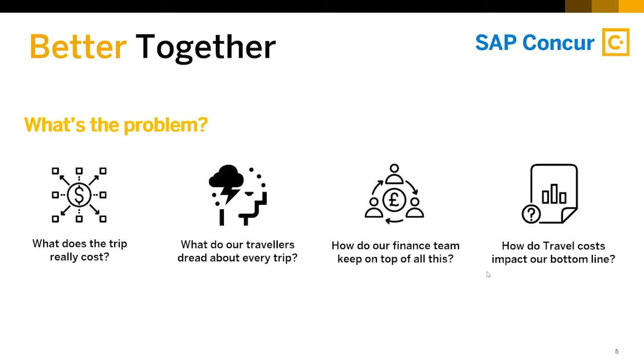Good morning, everybody. So first of all, we start off by really looking at what the problem is. So we identify that how much does the trip cost, and do you have visibility of that, the cost of that trip? The second area we'll look at is that what do travellers dread about every trip? Is it availability of content for where they're travelling?